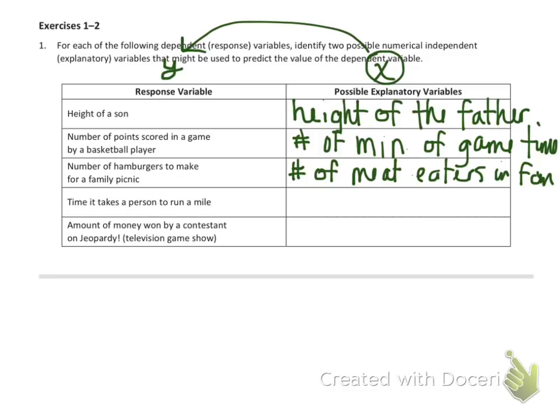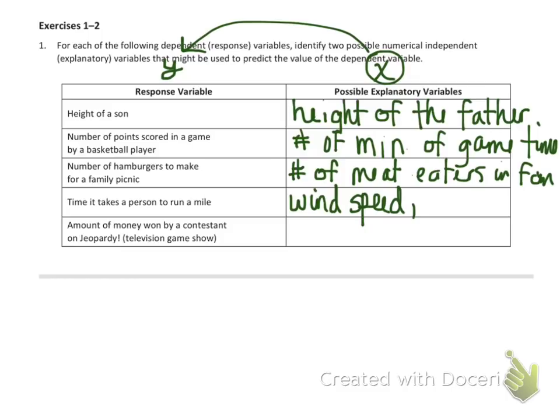Okay, so for the next one, the time it takes a person to run a mile. I could say maybe wind speed, because if the wind is blowing a lot, it might slow them down. There might be other things like the amount of practice that a person has had, practice running.